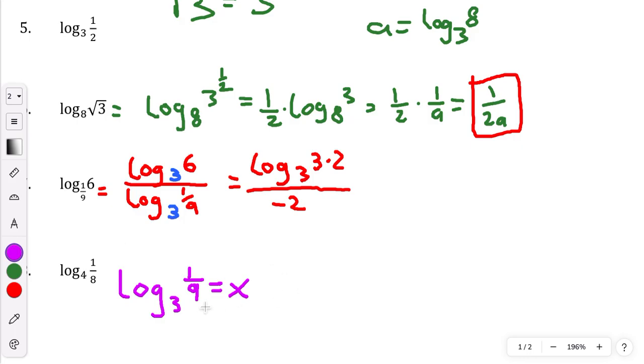Well, remember what this means. This is a logarithm, right? So this means that 3 to the x equals 1/9. How can I write 1/9 as some power of 3? Well, 1/9 is 1/3 squared.